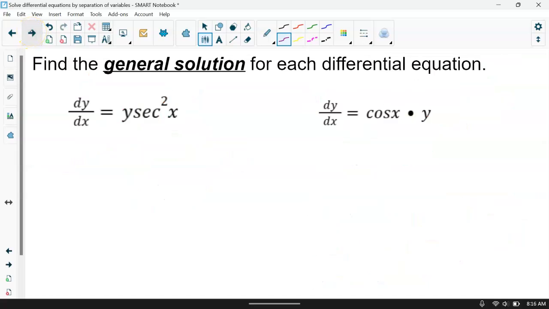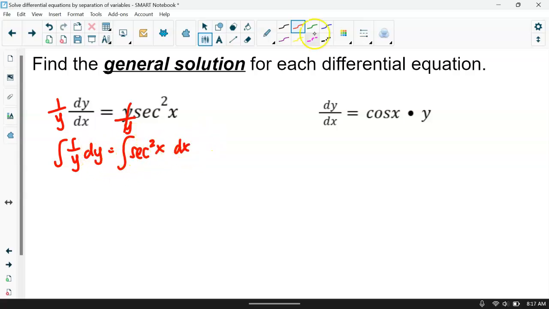So again, just to make sure, same thing, right? Even with our trig function. Notice how secant squared is being multiplied by y. So what are you going to do? Divide by y, which is finding here our integral of 1 over y with respect to y, and secant squared x with respect to x.